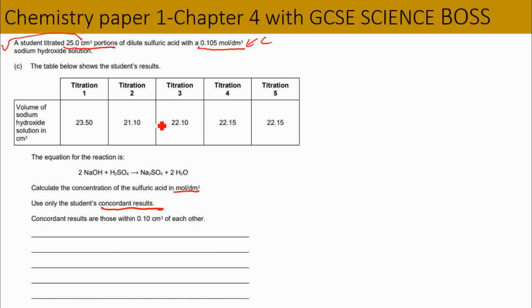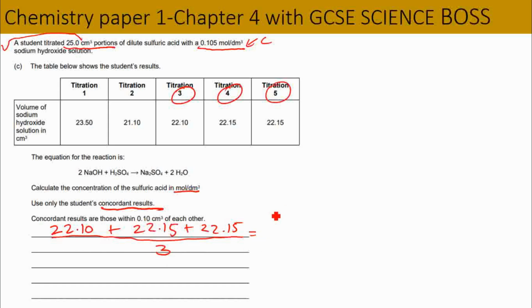So which one are we going to use? We're going to choose concentration 3, 4, and 5. Have a look: 22.10 plus 22.15 plus 22.15, all of that divided by 3.